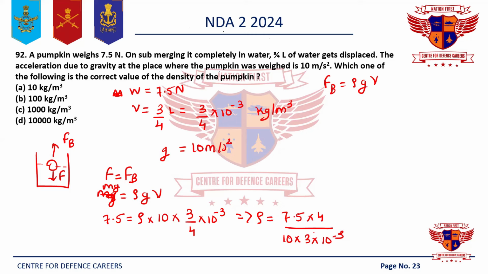So let's start solving. If we multiply 7.5 and 4, we get 25. Let's take the 10 raised to minus 3 up. We get 10 raised to 3.